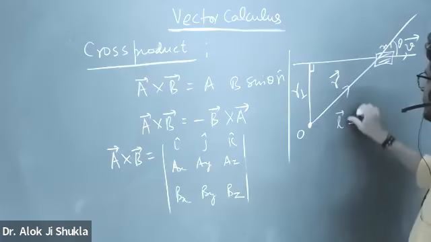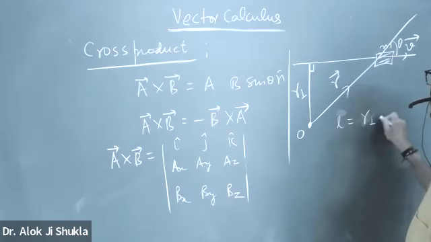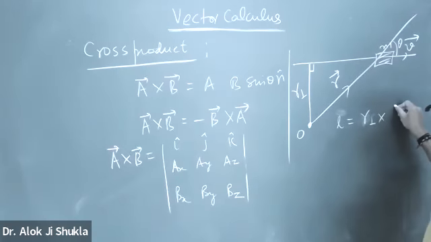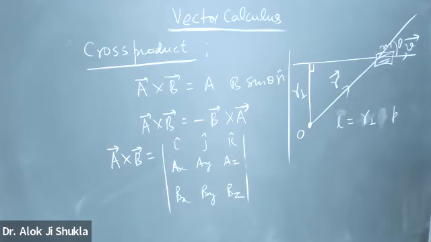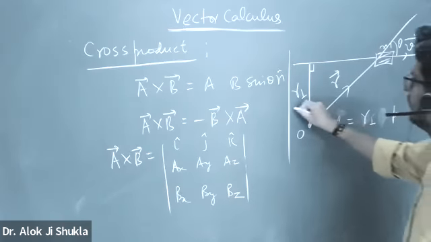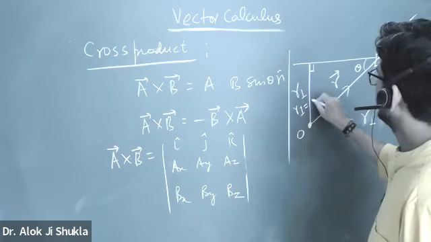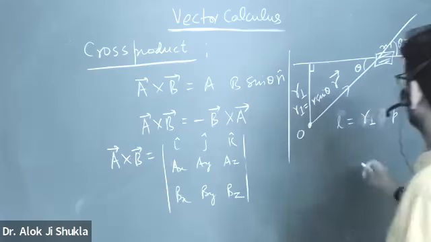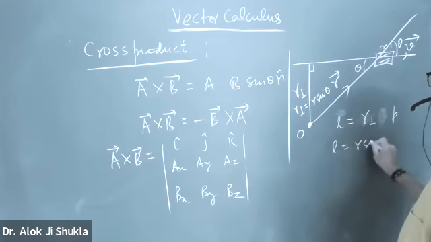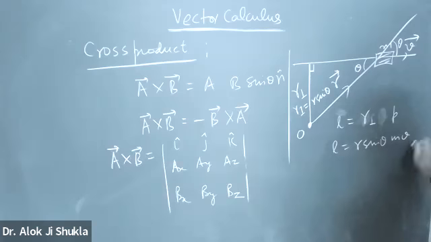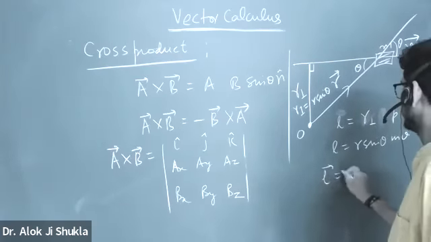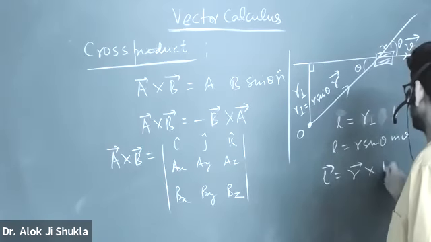So the definition is L is equal to R perpendicular into momentum P. And this R perpendicular will become R sine theta. So that's why this will become R sine theta into MV. So now because of this, we define it as R cross P.